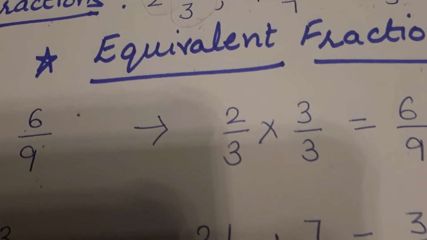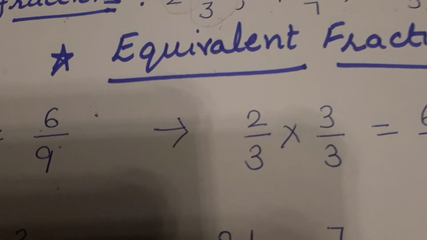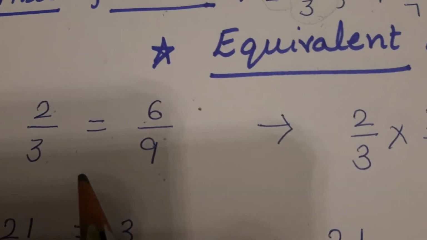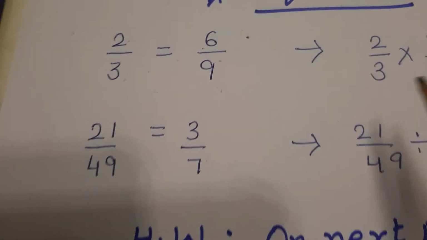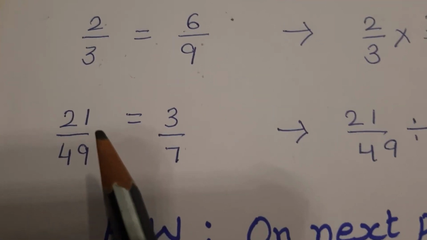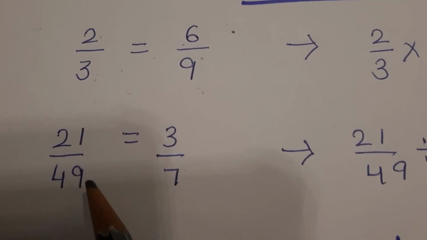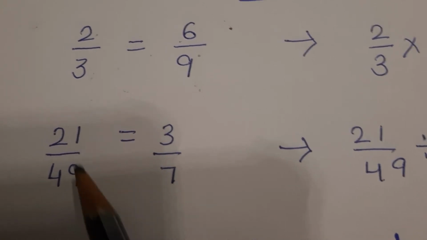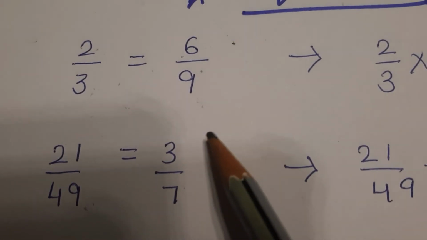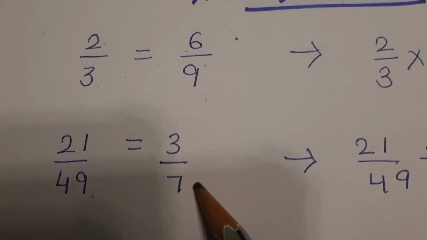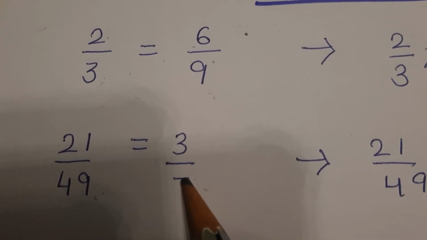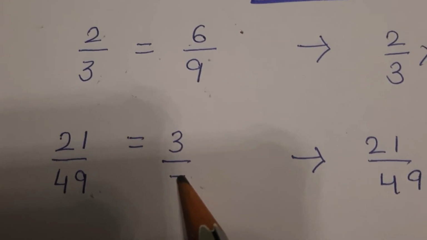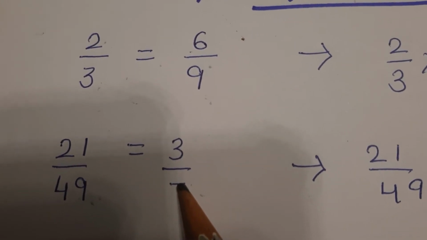So there are two ways to find an equivalent fraction. First I have shown you the multiplication method. Okay, next is the division method. Here I have taken a bigger fraction, 21 over 49, and here is 3 by 7. If I tell you that these two are equivalent fractions, how can I prove it?